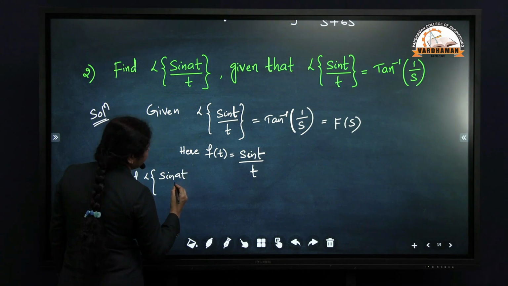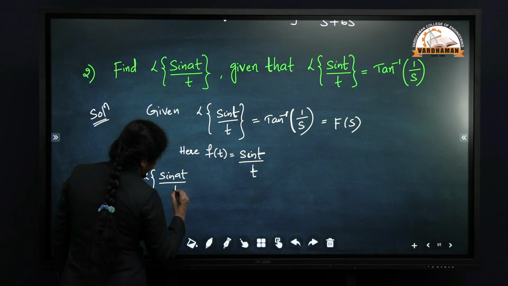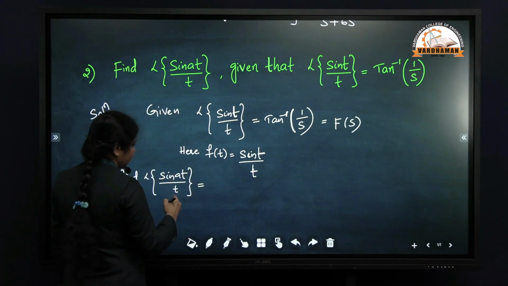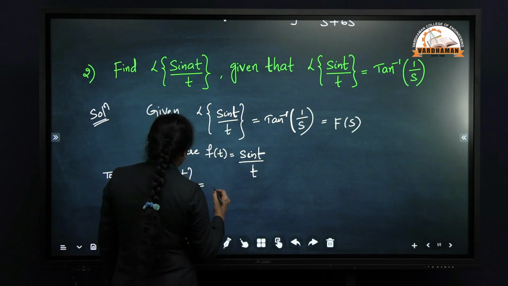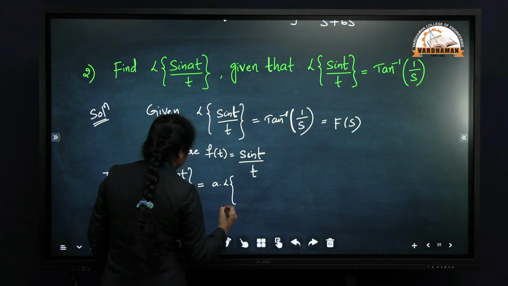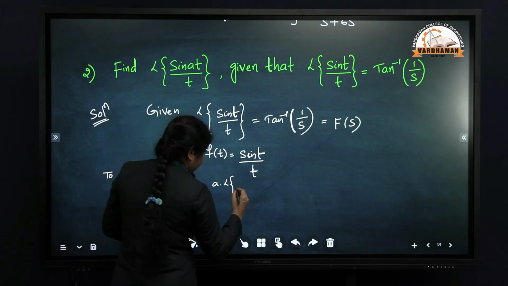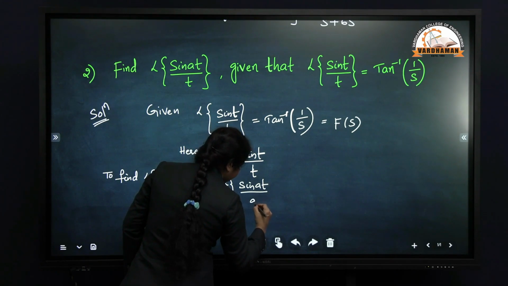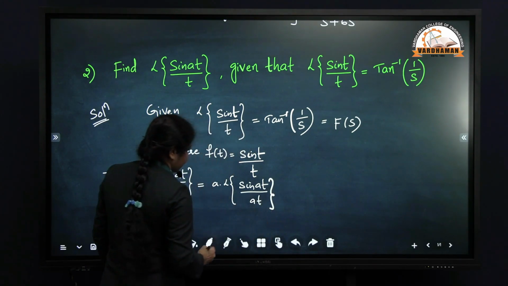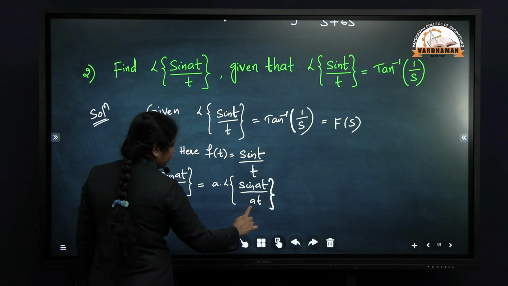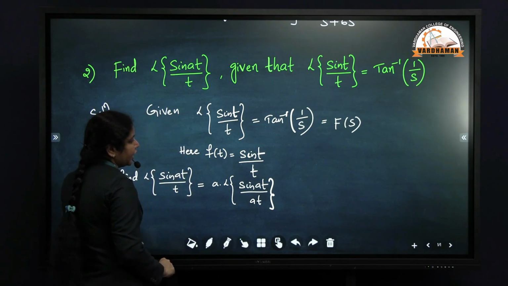I'll multiply and divide the function sin at by t with a. So now the result gives as a into L of sin at by at. So here I multiplied and divided this function with a.